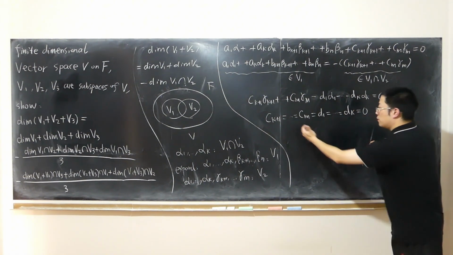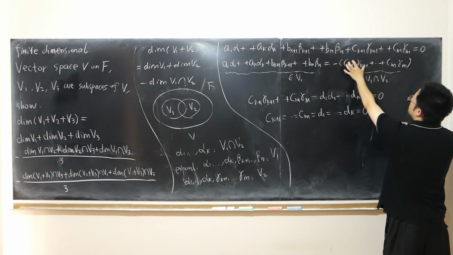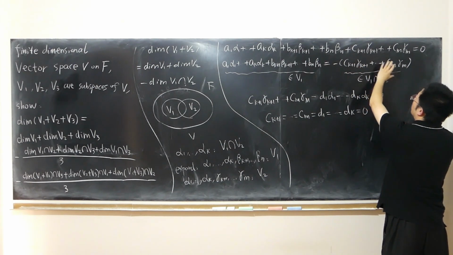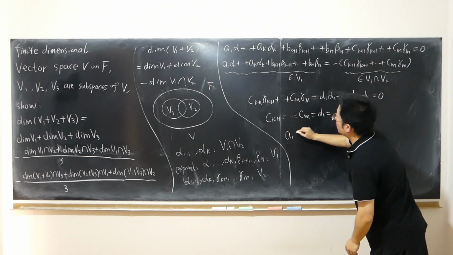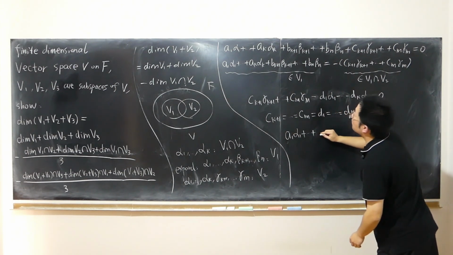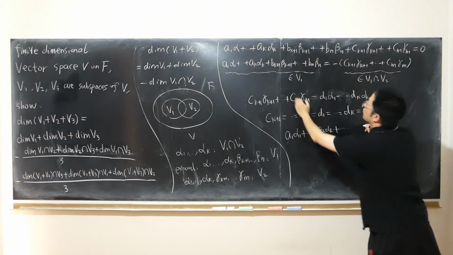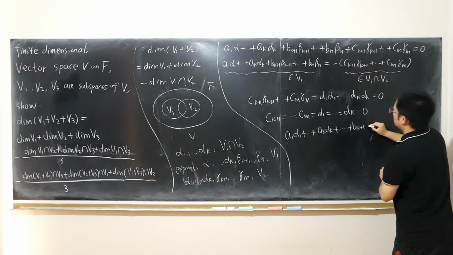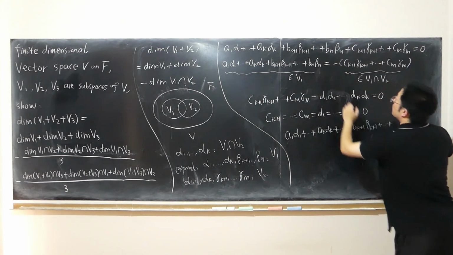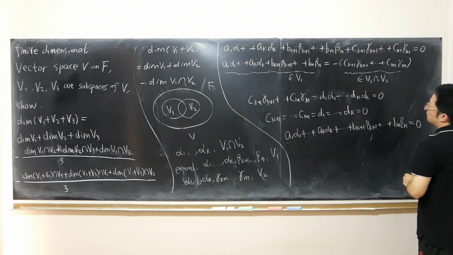Since all the C's equal 0, this right-hand side becomes 0. So therefore, I have A1 alpha 1 plus ... AK alpha K plus BK plus 1 times beta K plus 1 all the way to Bn times beta n equals 0.